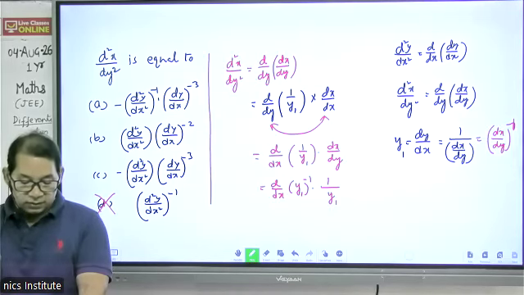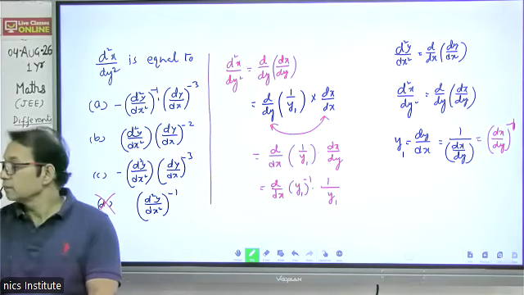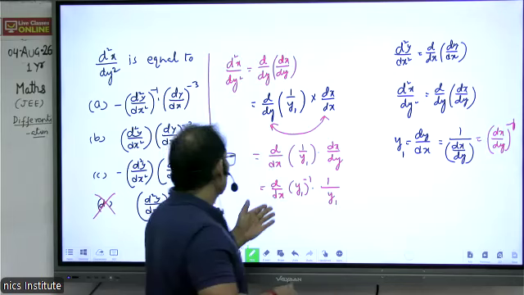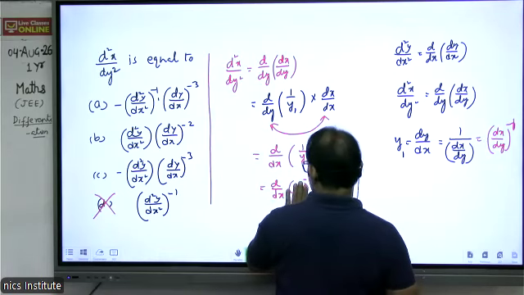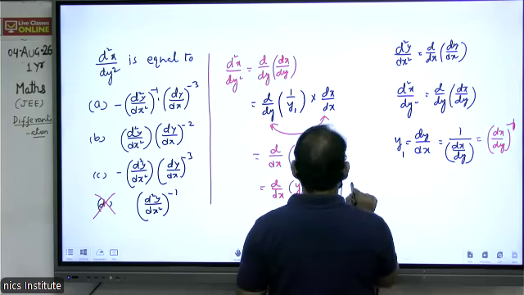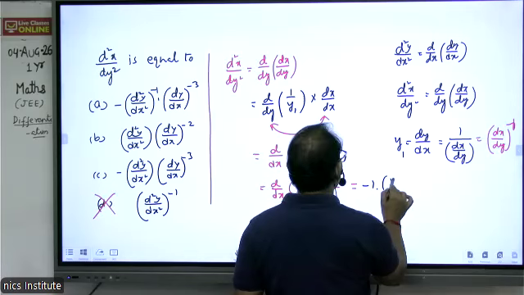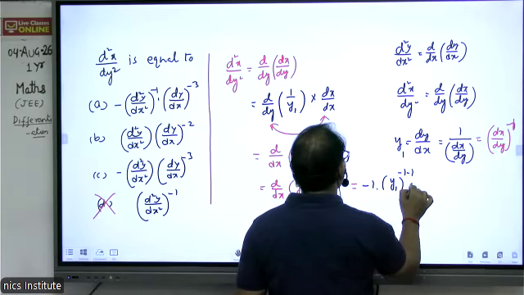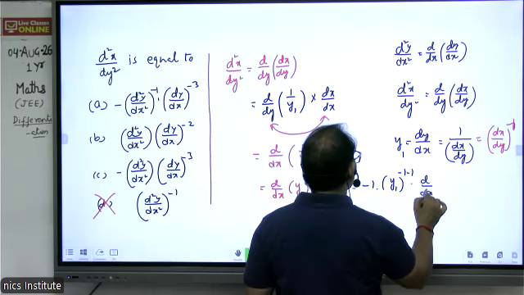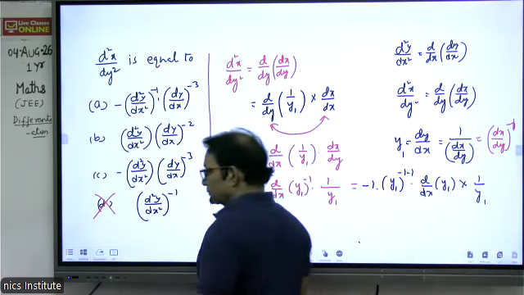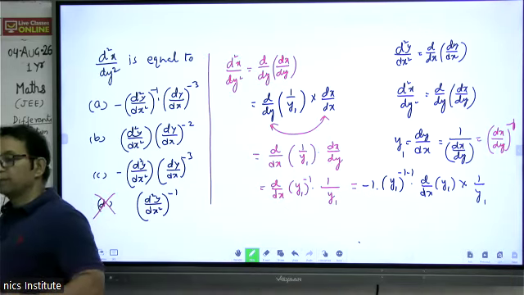Now we can differentiate this. So now we can use chain rule. Assume this to be x to the power minus 1. So derivative would be minus 1. It is y1 to the power minus 1, and then d by dx of y1, and this is 1 by y1. Now we have used chain rule.